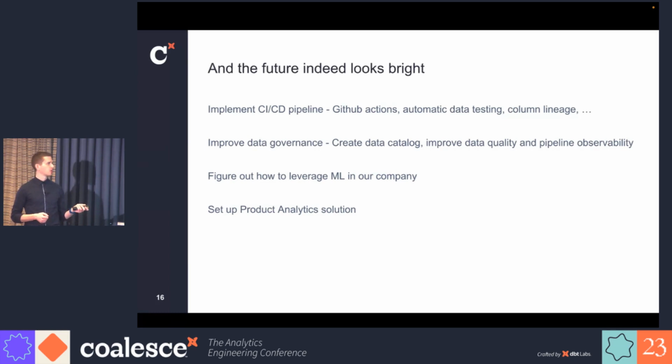Very keen also to create some data catalog and just improve literacy in the company, make it easier to find our data and what lives where. And we're also super excited to find some way to leverage machine learning. Now we can dedicate some time to that, because we're not just focusing on fixing everything.